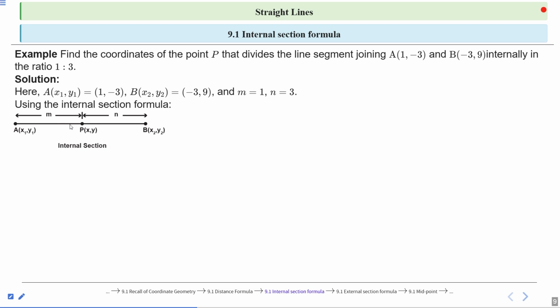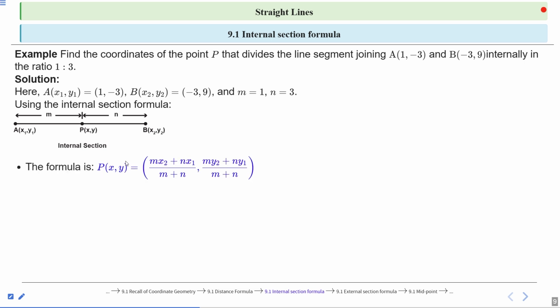In this figure you can see the point P divides the line segment joining A and B internally in the ratio m is to n. Here the point A, x1 comma y1, is 1 comma minus 3, and the point B, x2 comma y2, is equal to minus 3 comma 9. And here m equal to 1 and n equal to 3.